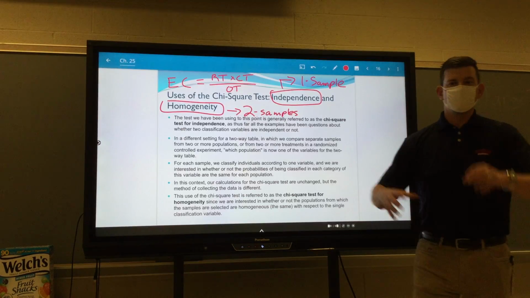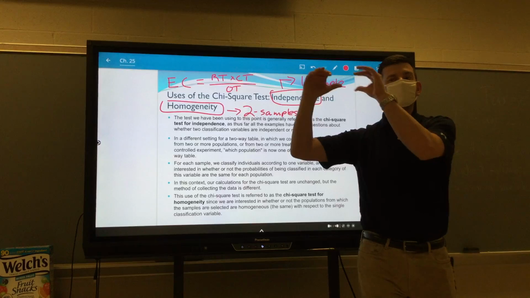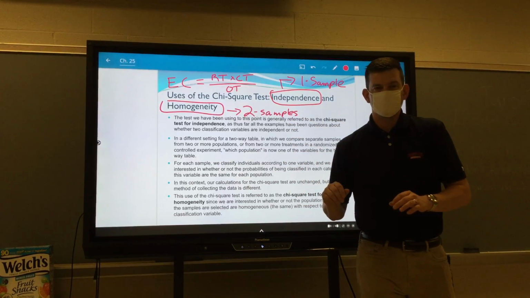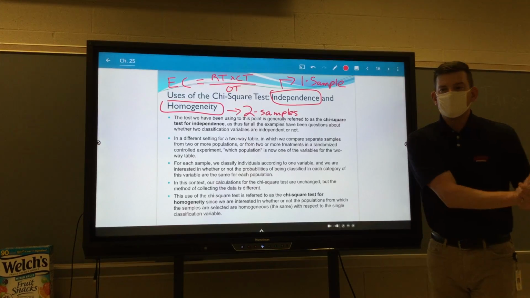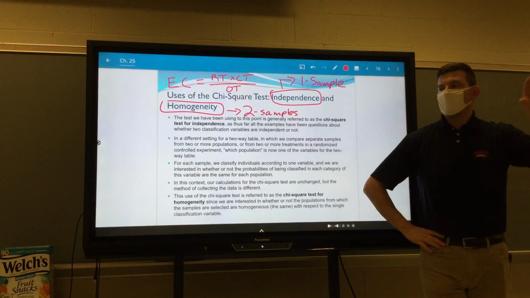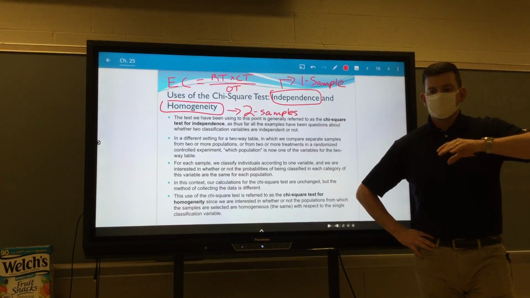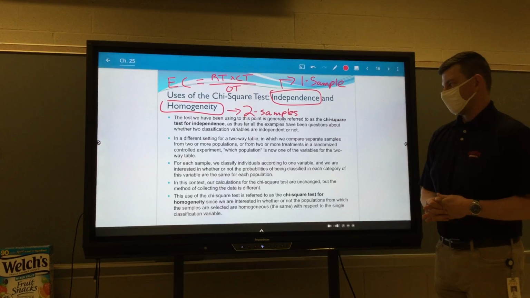Instead, you have one variable from a sample that you've collected, and you're looking at its breakdown of the variable. You also have a different sample's data, and you're looking to see if that breakdown is proportional to what you would expect in the other group.